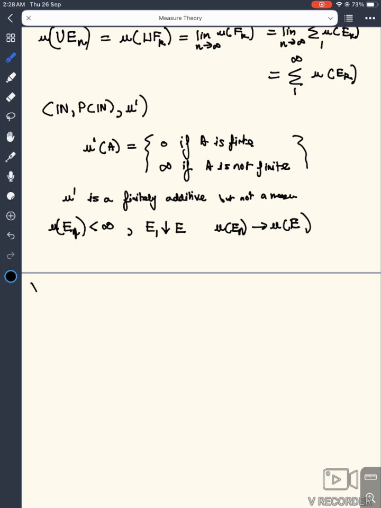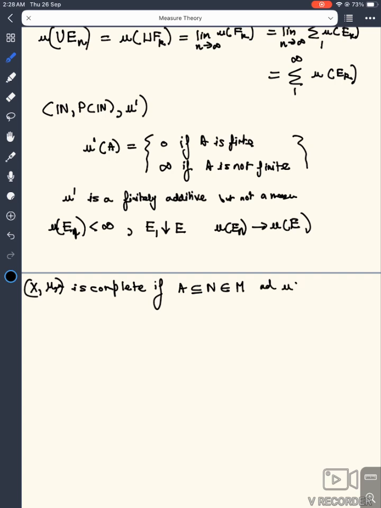So take Ek to be the natural numbers minus {1, 2, up to k}. See, it's a decreasing chain. Each measure is infinite, but the intersection is the empty set, which has measure 0. So continuity from above doesn't hold.